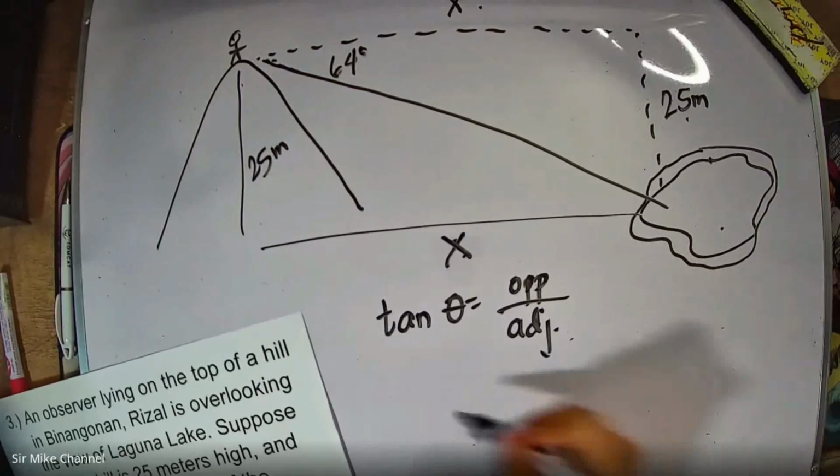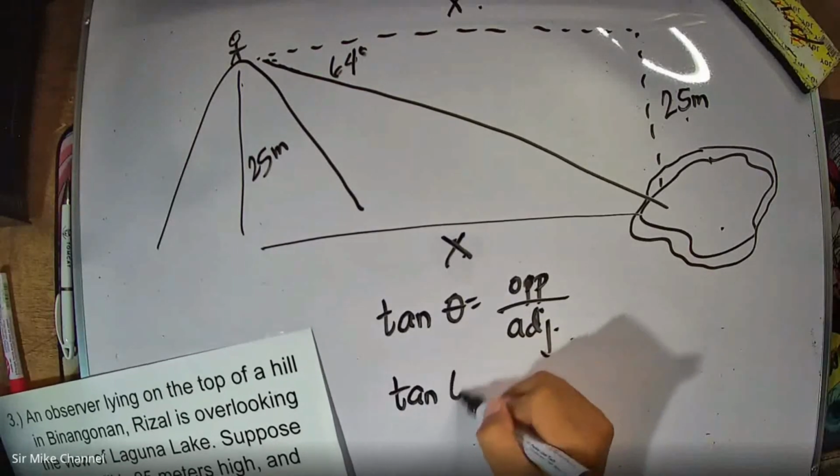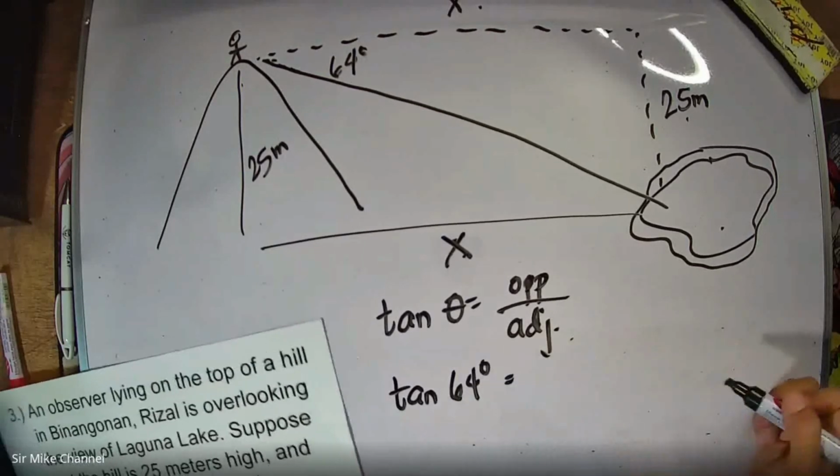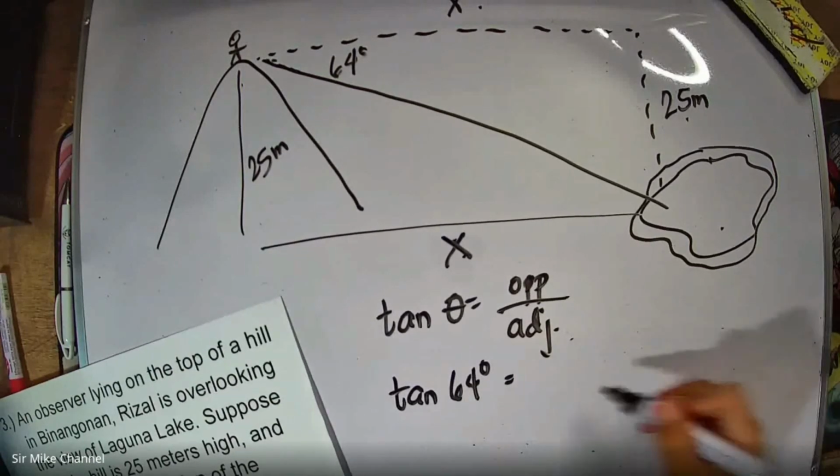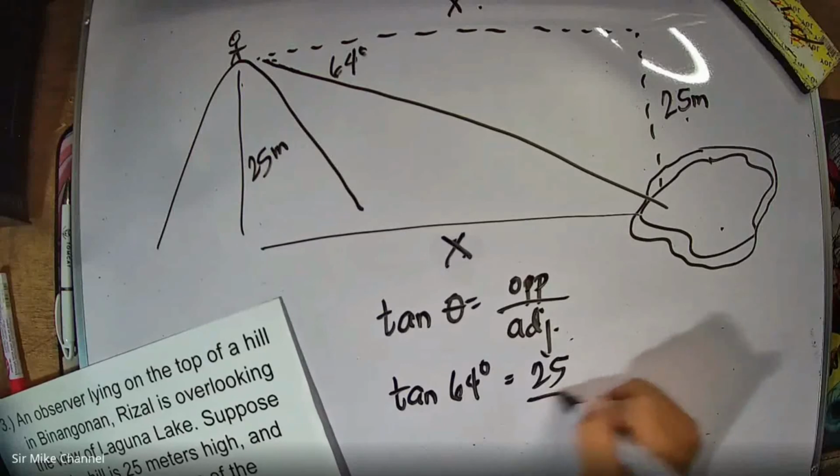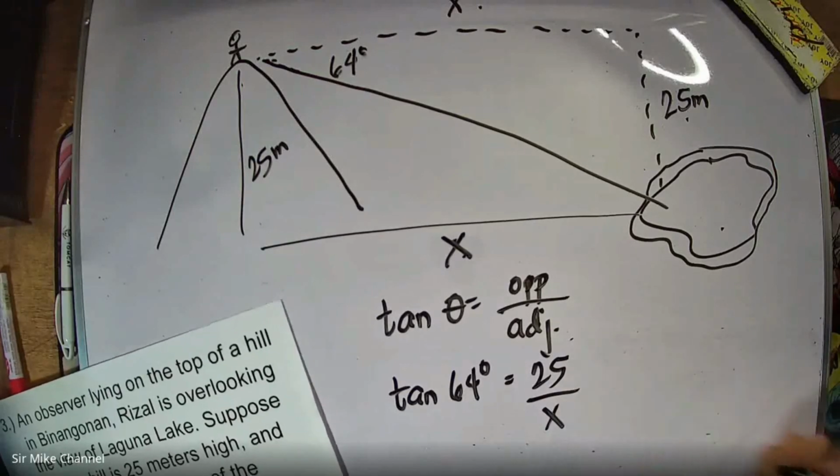So tangent 64 degrees, the opposite is 25 over the adjacent x.